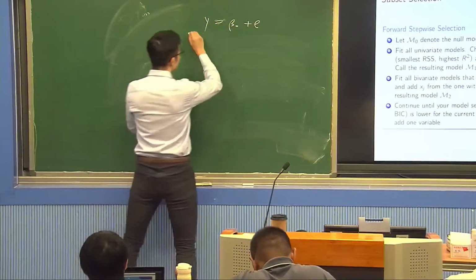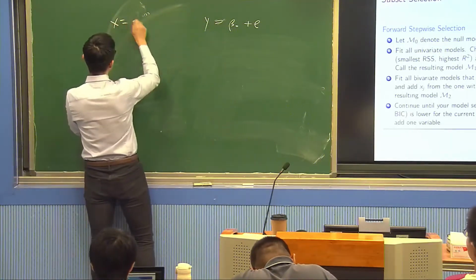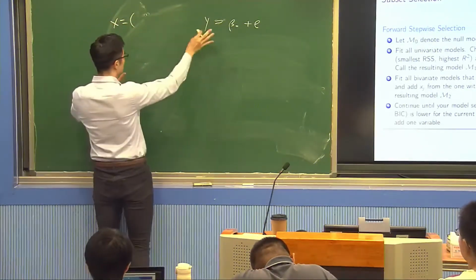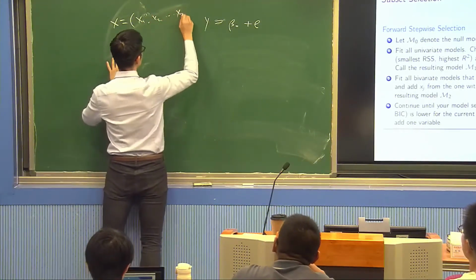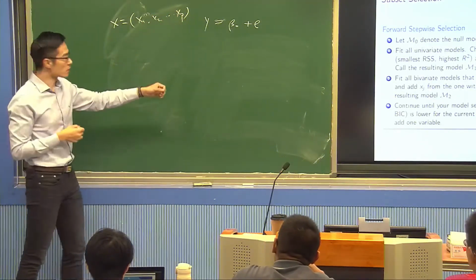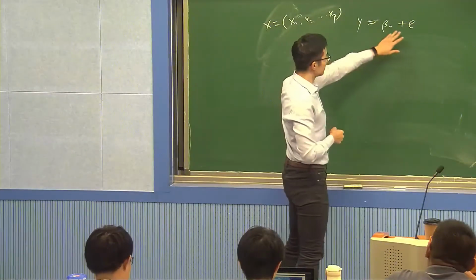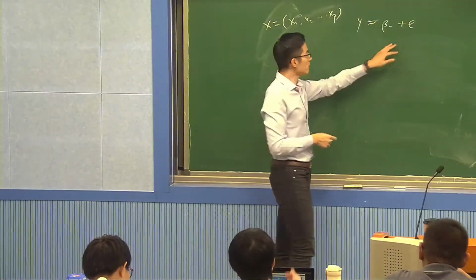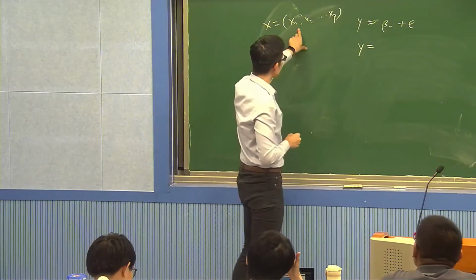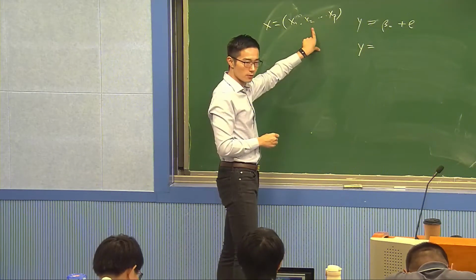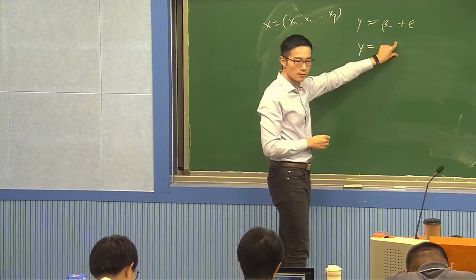Now our x is a high dimensional thing. We can have x1, x2, all the way to xp. We will start from a null model, and then pick the best x among these variables to include in my model.